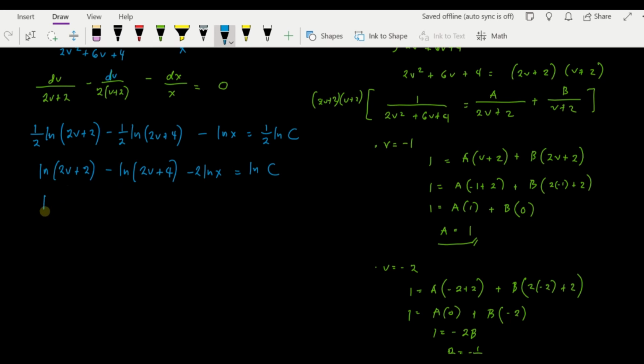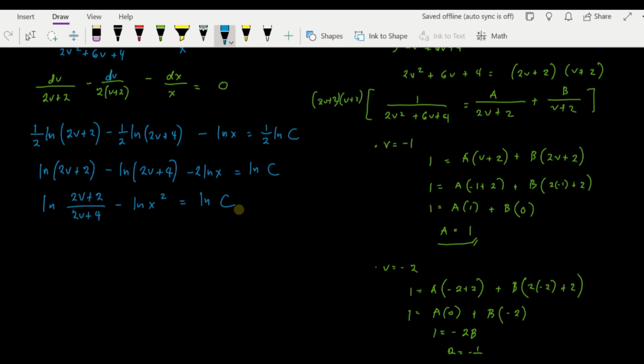So, ito magiging ln 2v plus 2 then minus. So, mangyayari dyan 2v plus 2 divided by 2v plus 4. Then, ito magiging ln x squared. Logarithm of power, yung 2 maging exponent ni x equals ln of c.